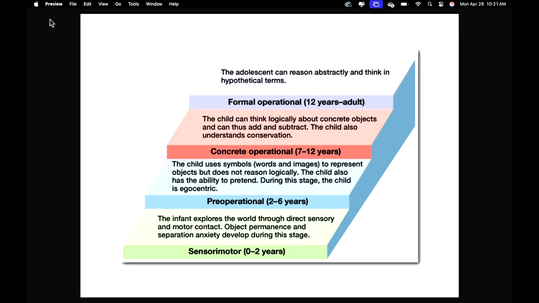We move into the next stage, the pre-operational stage, and this is when things start to happen. The person is learning language, and some of that language is used to describe the self. They start to recognize objects. They don't necessarily reason the logical relationship between those objects, but they start to develop a sense of social role. This is where gender roles start to happen and solidify.